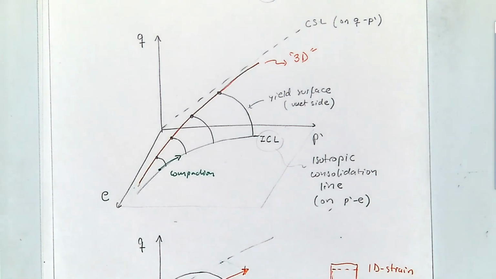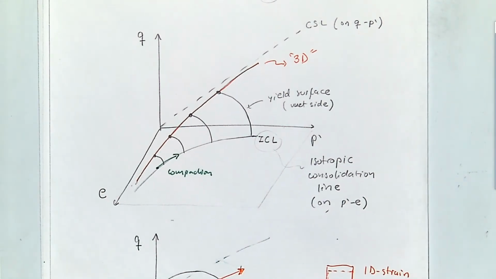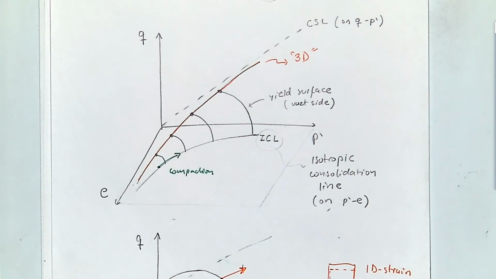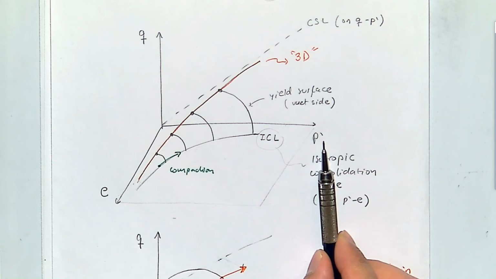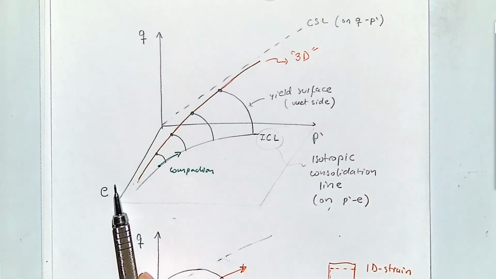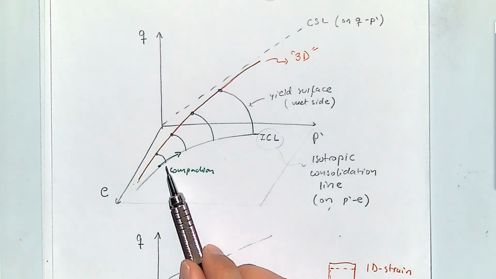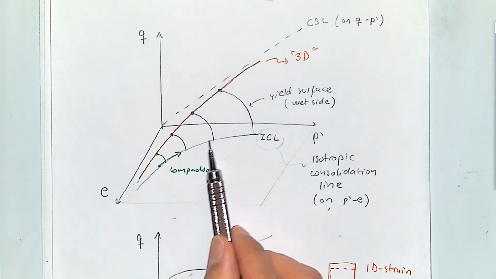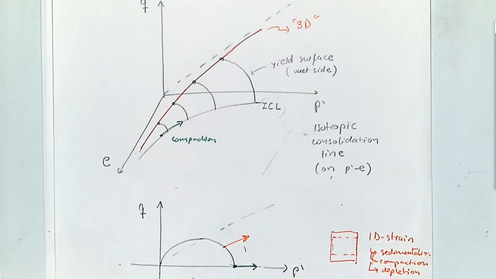Okay, so last time we discussed putting together the deviatoric stress and the isotropic stress. And the concept was that your material gets stronger.